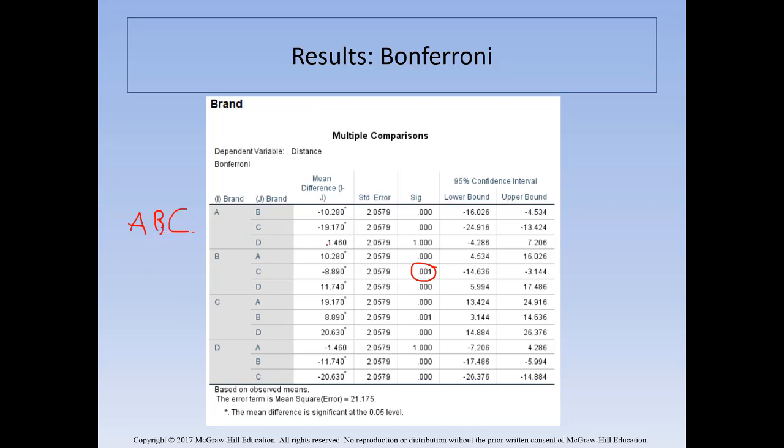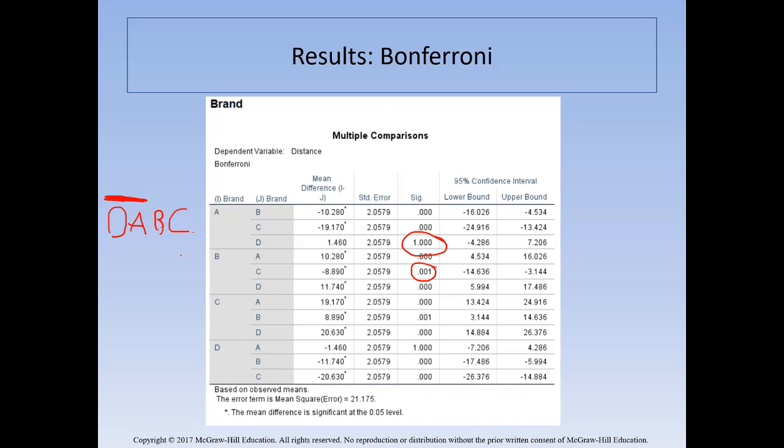And then poor old D. A minus D is positive, so D is down here. But notice the difference between A and D is greater than alpha, so it's not significant. So we sometimes draw a line to say the difference between the groups is not significant.